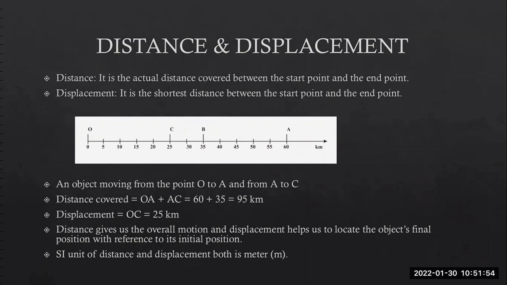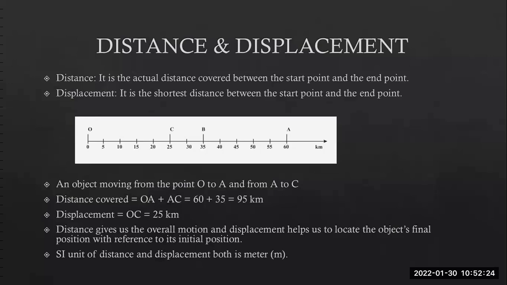They tell us that +5 lies to the right of 0, whereas -5 lies to the left of 0. So those plus and minus signs, in a way, give us a sense of direction. Displacement needs both direction and magnitude, whereas distance is simply the magnitude.